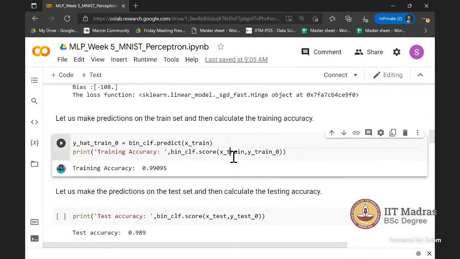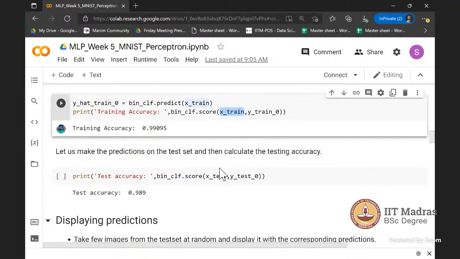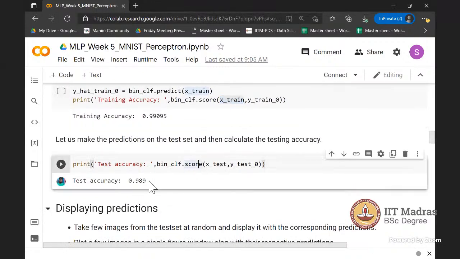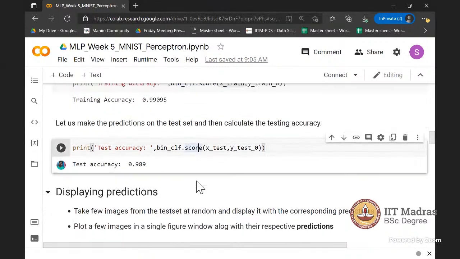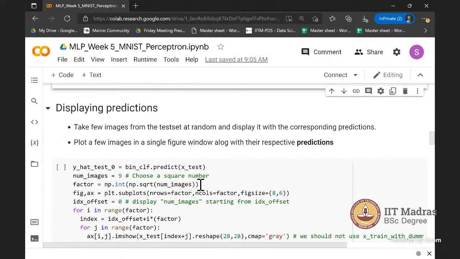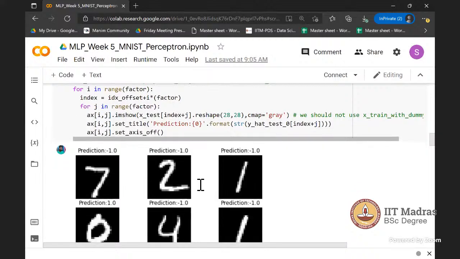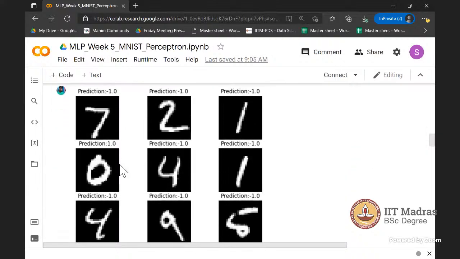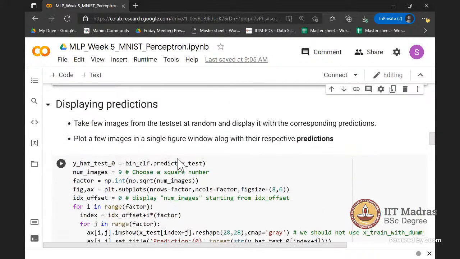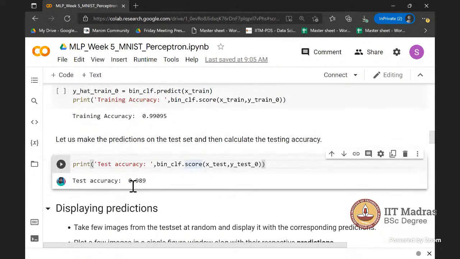Next, this code snippet calculates the accuracy, and you can see that the accuracy is 99%, pretty well. Test accuracy comes out to be 98%. Now let's look at some of the predictions visually. So sir, these scores are R2 scores, right? Or is it different? This one? Yeah, I think this should be precision. This will be precision, okay.